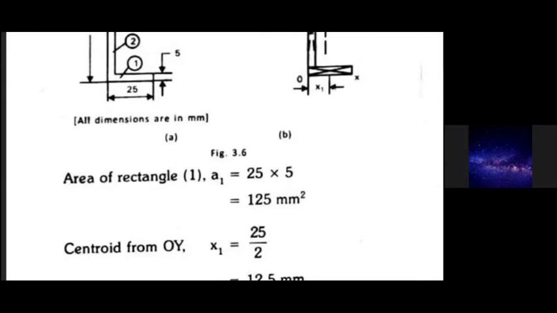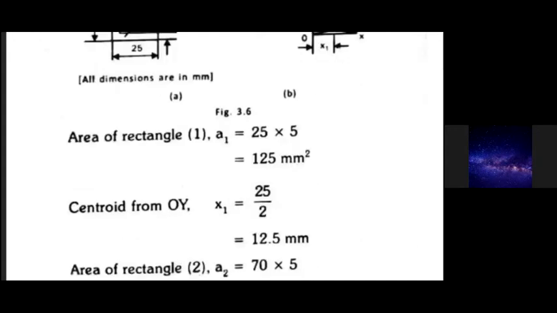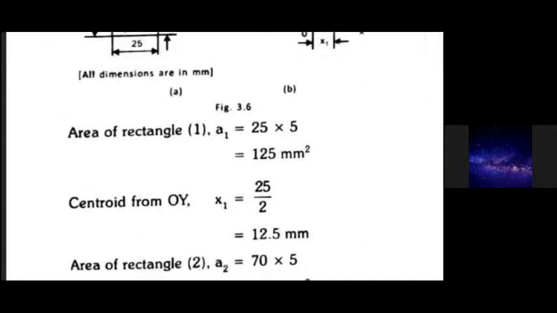And the centroid from the y-axis, x1, is half of its length, that is half of 25, that is 12.5 mm. Next, area of rectangle 2, the vertical rectangle.